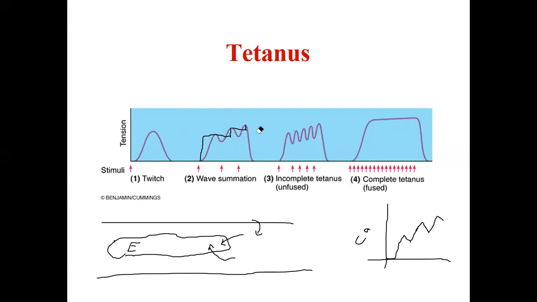They'll start to merge together. But as long as you can see this teeth-like projection, you still have that tetanus. However, because you can observe this, you call it the incomplete tetanus.